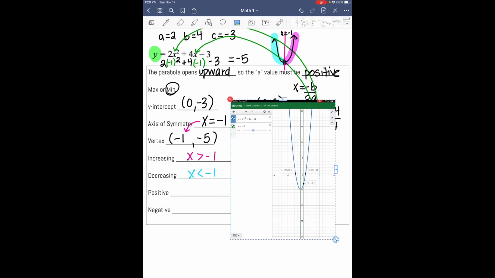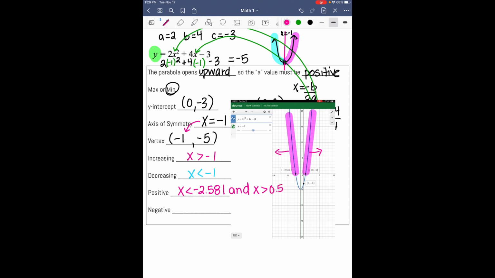All right, so here's my graph that I had, and I can see that it's positive on the two sides. So therefore, x is positive when it is less than negative 2.581, and it's positive when x is greater than 0.581.